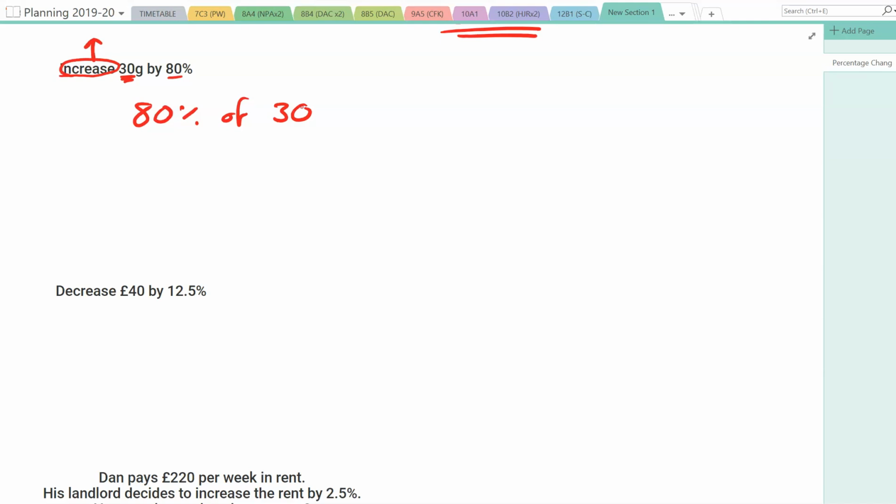1%, because the 1% will work for any calculation, any percentage, rather than having to know certain tricks for certain things. So 1% of 30, well that's 30 divided by 100, which is 0.3. So then to turn a 1% into an 80%, we have to times by 80.